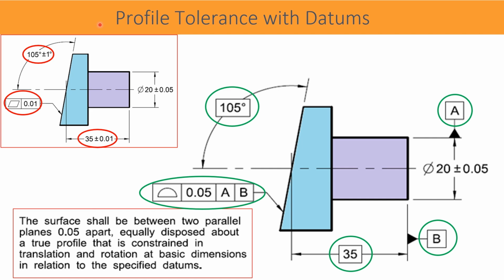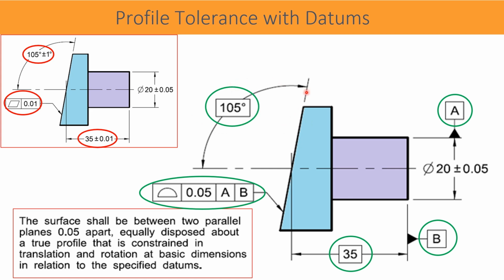All those independent complexities are resolved by applying the profile of a surface with datums for location and orientation controls including the form, and combining all would be a preferred solution of profile tolerance.